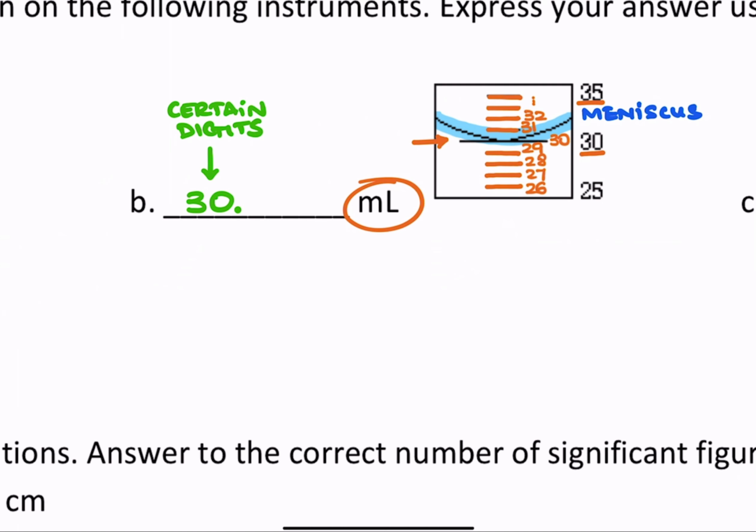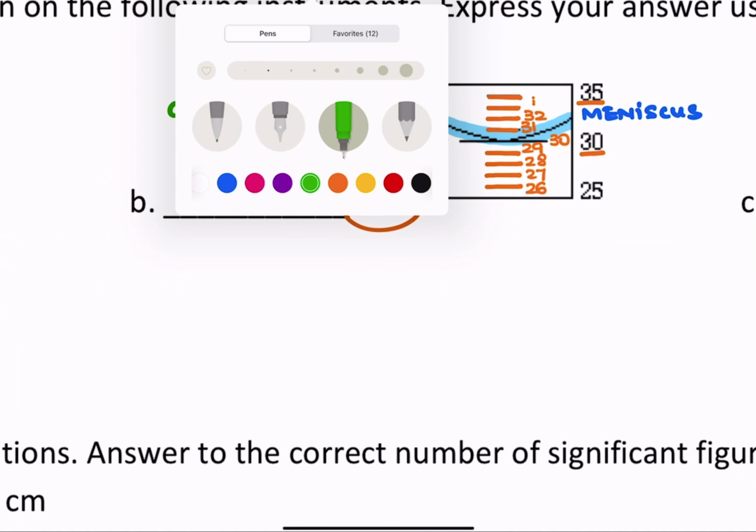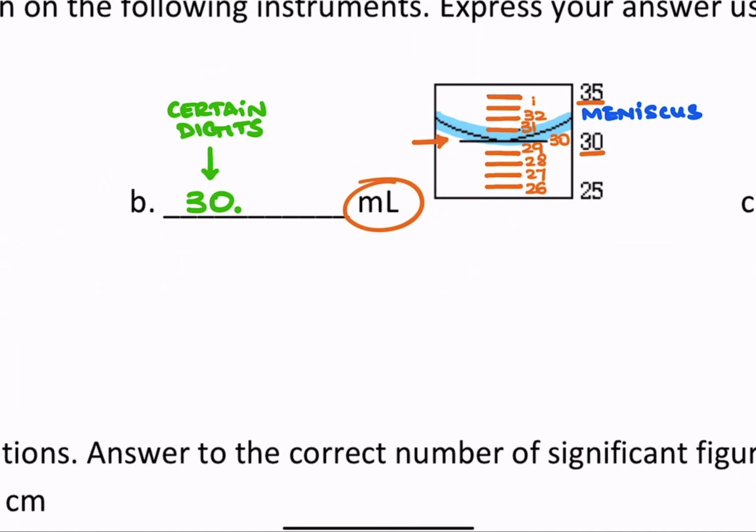But remember that every single measurement comes with 3 parts. Therefore, I'm going to need to add my estimated digit, my guesstimate. And here, it looks like it's right on the line, so I'm going to add the 0 as my estimated digit to complete my measurement.